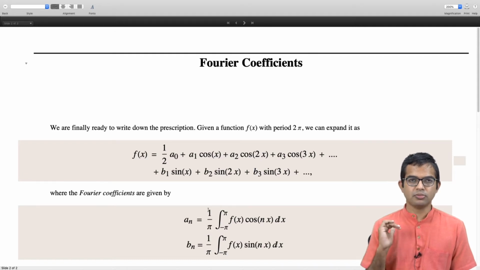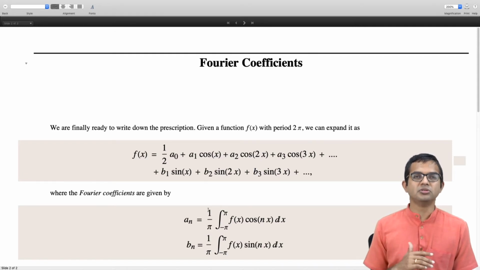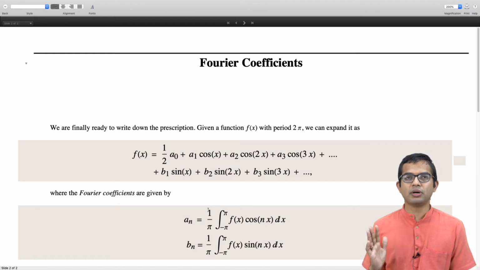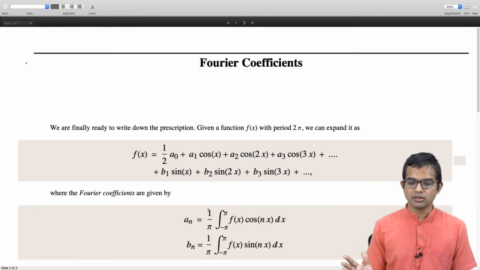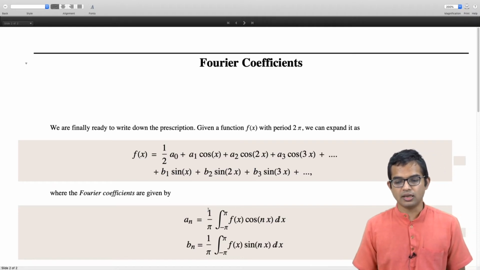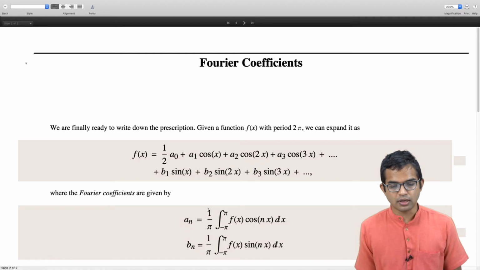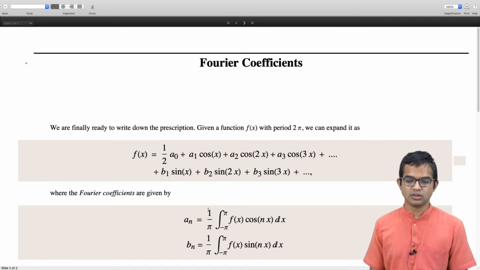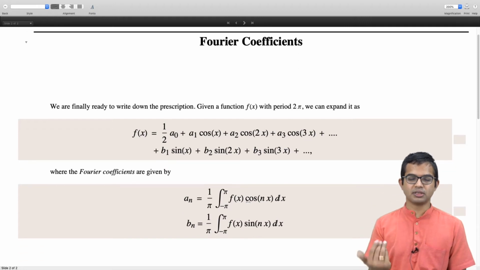So this is to be viewed purely as a prescription. You have a function f of x with period 2 pi, and we want to find a bunch of coefficients a0, a1, a2, a3, and so on, and b1, b2, b3, and so on, such that we will be able to say f of x is equal to this infinite series, which is called a Fourier series.